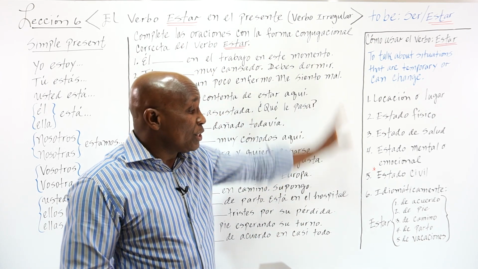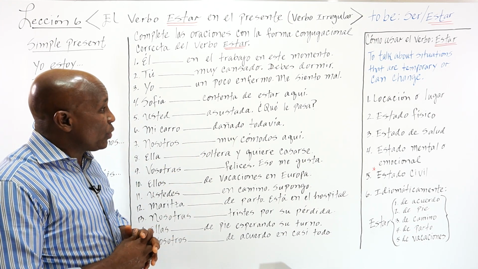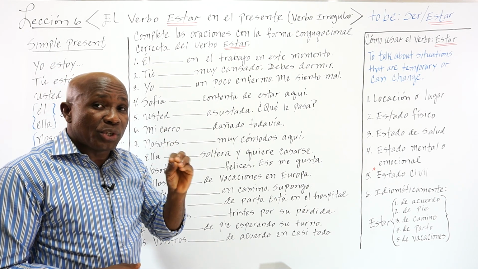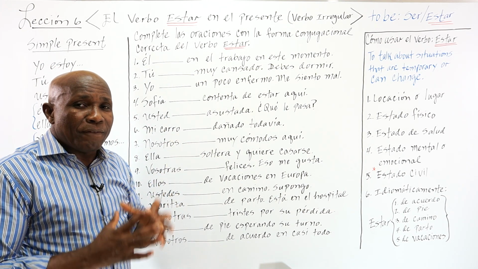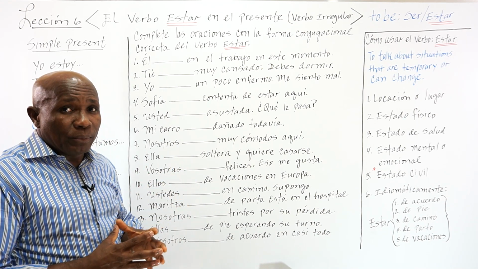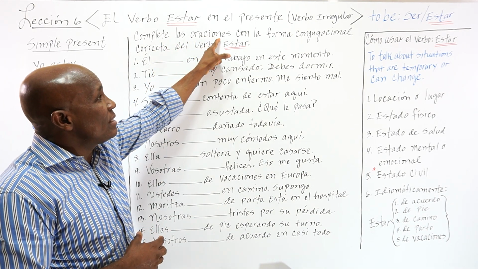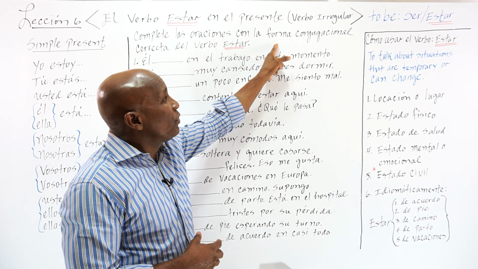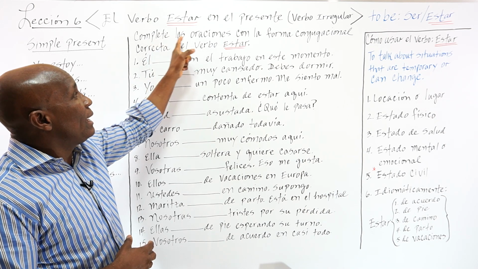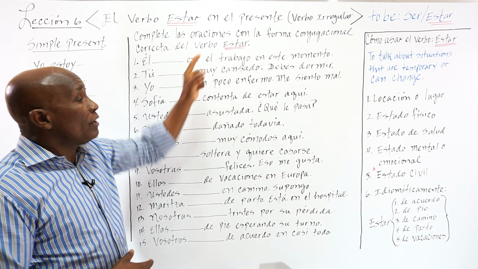Now, the context, we referred to it already. We have this exercise over here in which we are going to use the correct conjugational form of the verb. Vamos a usar la forma conjugacional correcta del verbo estar. Complete las oraciones con la forma conjugacional correcta del verbo estar.